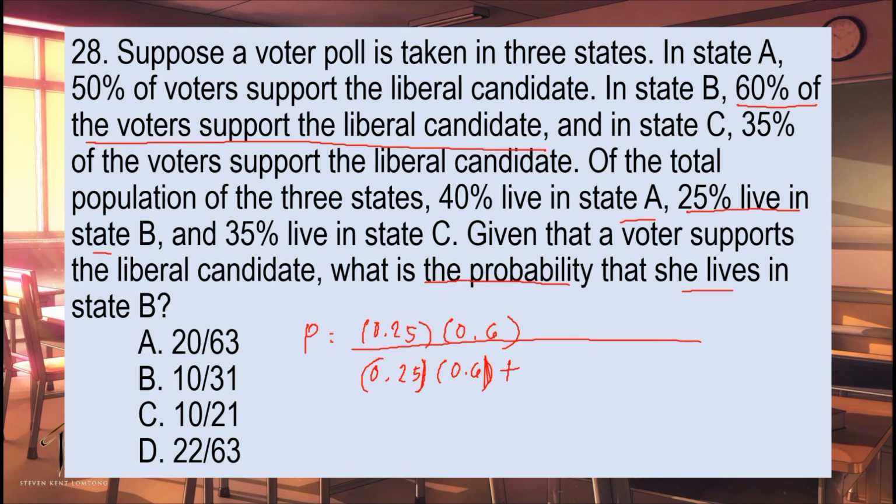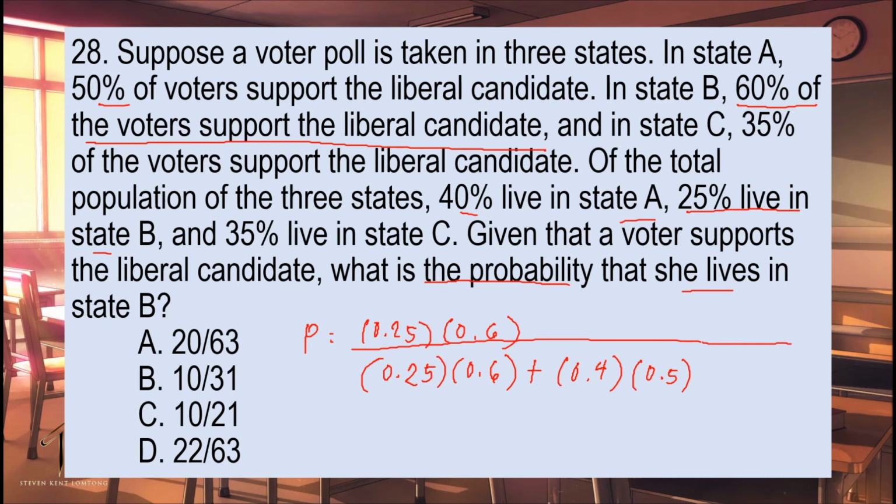delete muna natin. And so 0.25 multiplied by 0.6 plus for state A, so sabi 40% live in state A, and 50% of the voters support the liberal candidate, so 0.5.